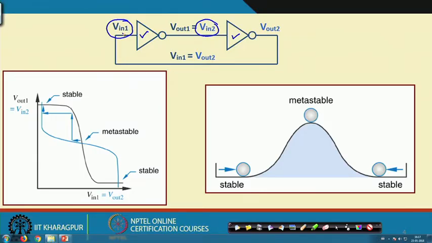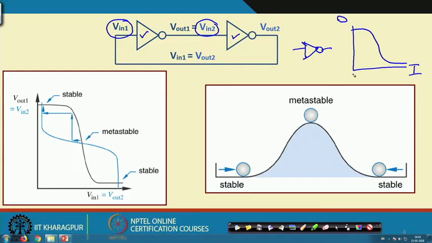Now, you see one thing, whenever we have a single inverter like this, a single NOT gate, if we try to plot the input versus output voltage, this is the input voltage and this is the output voltage. The curve typically shows a behavior like this.